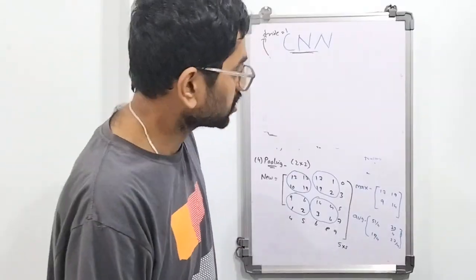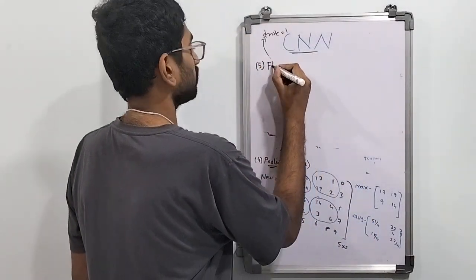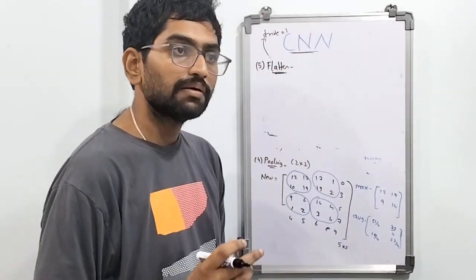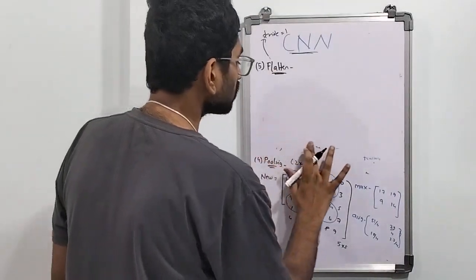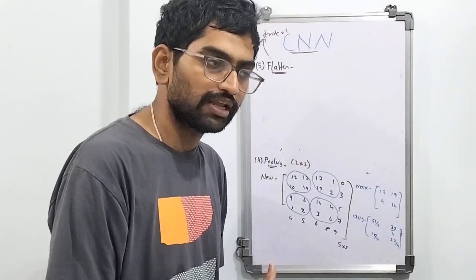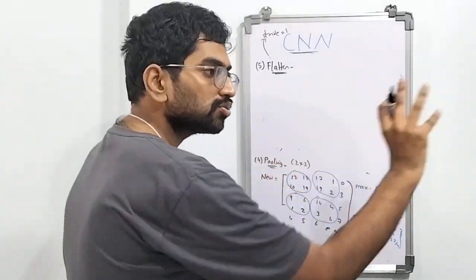So what is the concept of flattening here? The meaning of flattening is you are trying to convert the value that you got from max pooling or average pooling into the numpy array format, and you will send it to the neural network.